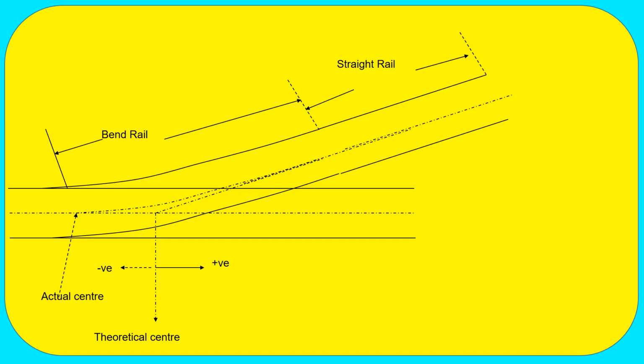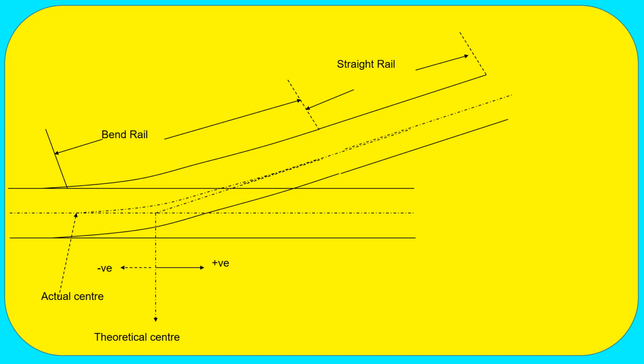But when you divert the train from one line to another, between up and down lines, then a crossover comes in. Crossover is the combination of two turnouts, one turnout on one line and another turnout on the other line.